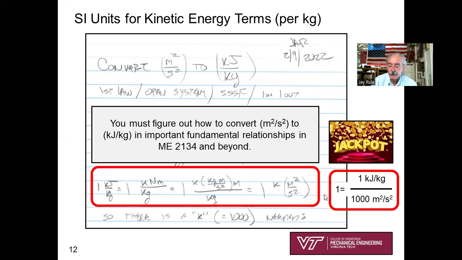Recognize that the conversion, the unity equation, is 1 kilojoule per kilogram divided by 1,000 meters squared per second squared. So that's your conversion factor: 1 kilojoule per kilogram equals 1,000 meters squared per second squared. You're going to use that in your first law to keep your units straight.